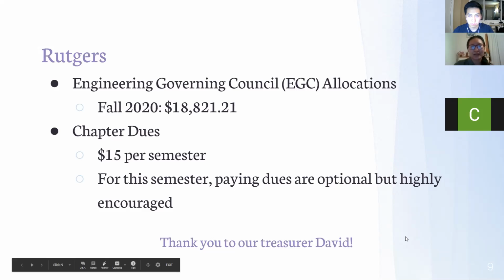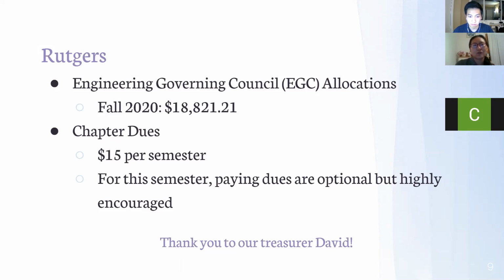So 80% of these fees will be given to EGC, which is the engineering school, while the other 20% is given to RUSA. What RUSA currently wants is 100% of these fees to go to them, and then they decide how much to allocate to EGC and all the other governing councils underneath RUSA.